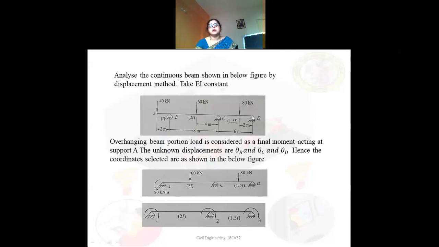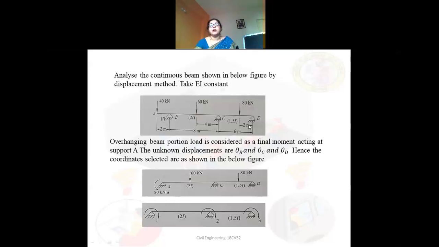Since axial deformation is assumed to be 0, we can notice that there are 3 degrees of freedom. Support B allows rotation, support C also allows rotation, and support D also allows rotation. So the unknown displacements, that is the degrees of freedom, equal 3. Which are those 3? Theta B, theta C and theta D.